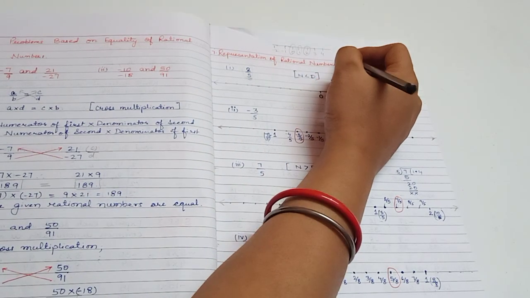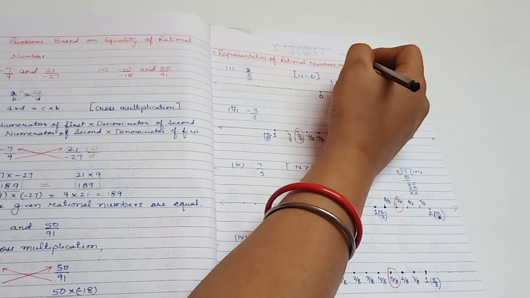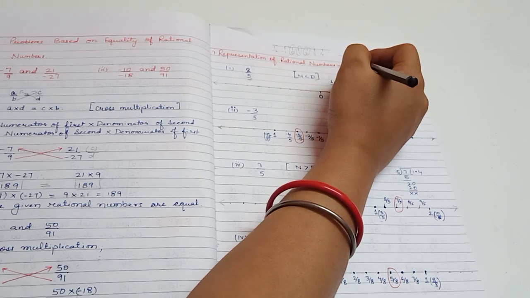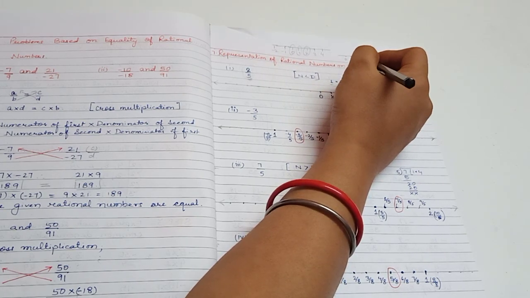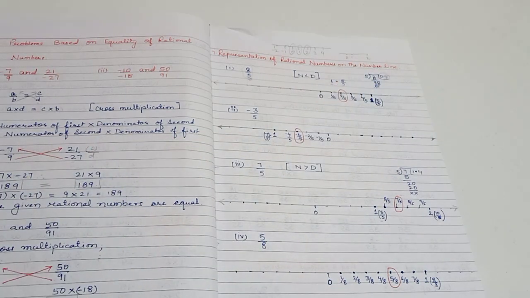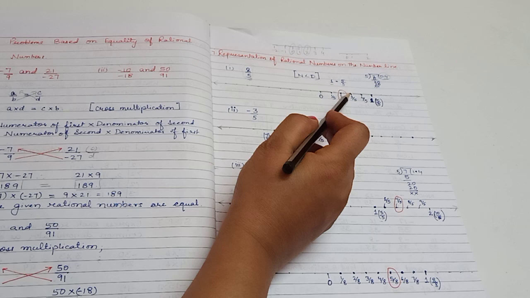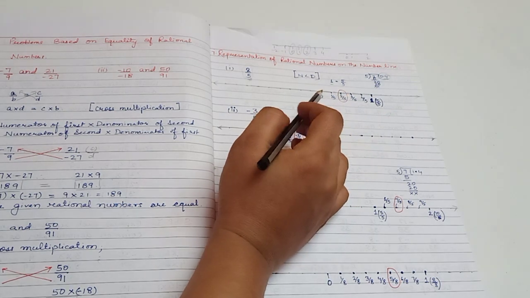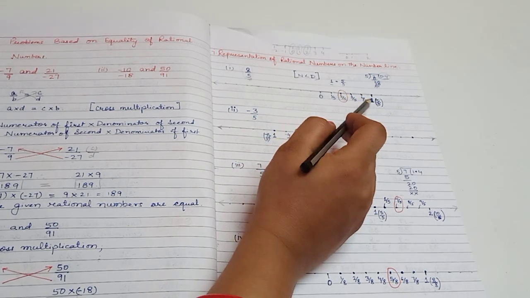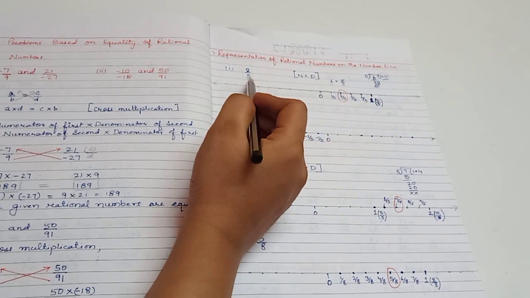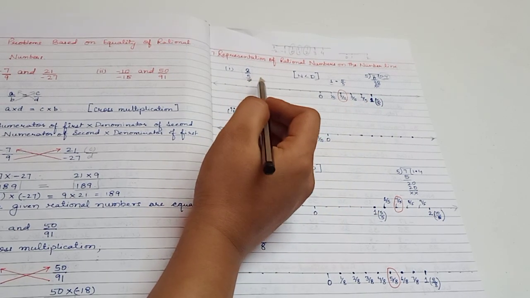And yes friends, you have to take equal divisions. The number line should not be like here you have taken 0, here you have taken 1, then somewhere here you have marked 2. It should not be like this. You can see I have just made it with the help of the scale. So here I will take 5 equal divisions. Why? Because in the denominator you can see it is 5.